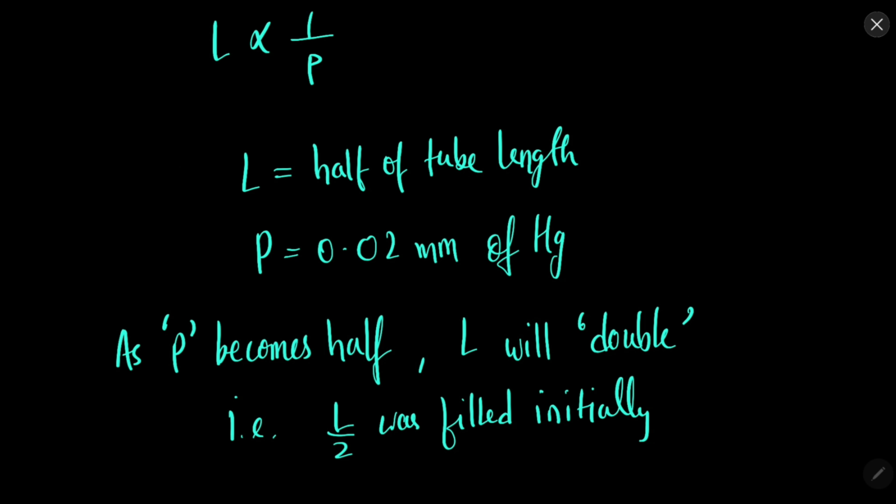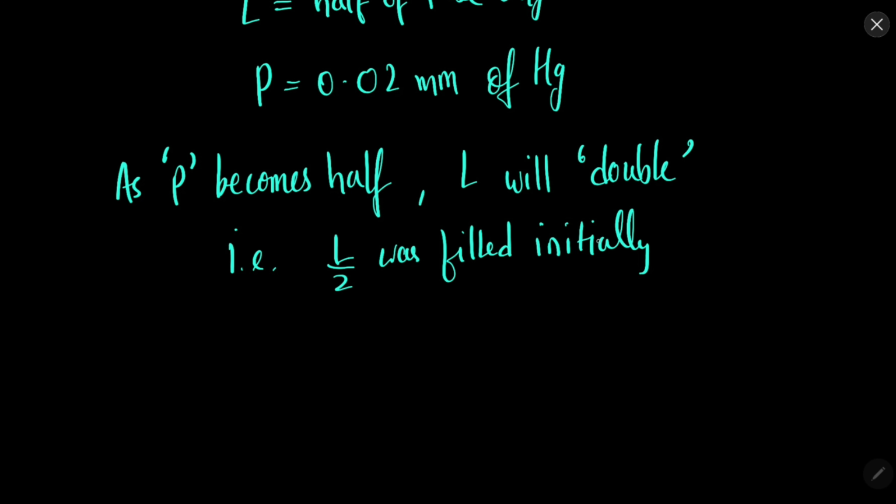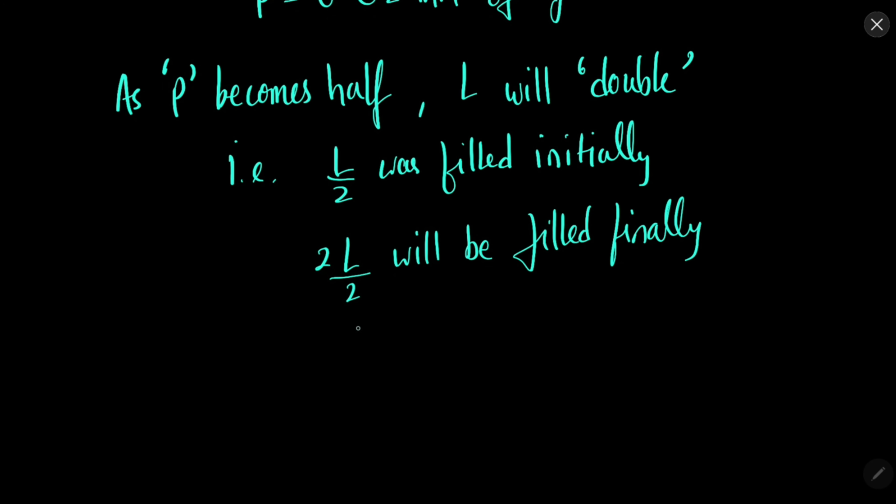So if pressure becomes half, this will become 2 times. So initially L by 2 was filled, so L will be filled finally, because it will become double. So L will be filled, complete tube will be Crookes dark space in the complete tube.